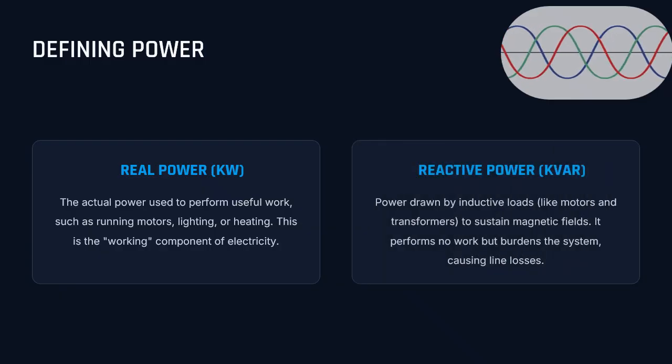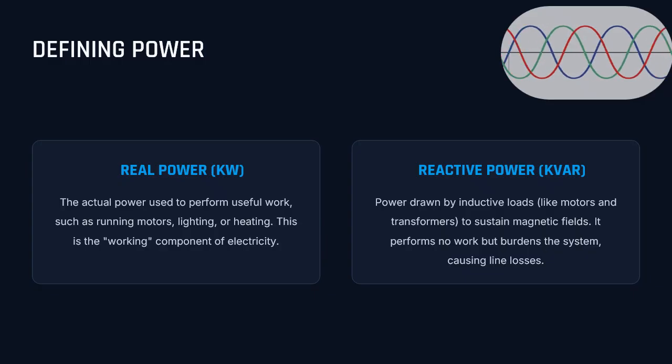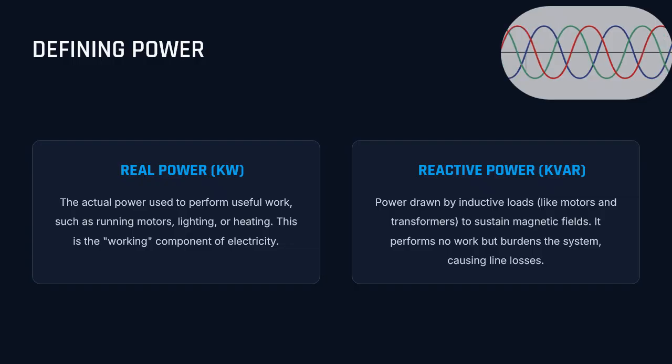This power is essential for magnetizing components like motors and transformers, but it does no useful work. Crucially, kVAR flows back and forth between the source and the load, consuming valuable capacity and causing line losses along the way. Our goal is to minimize this reactive burden.